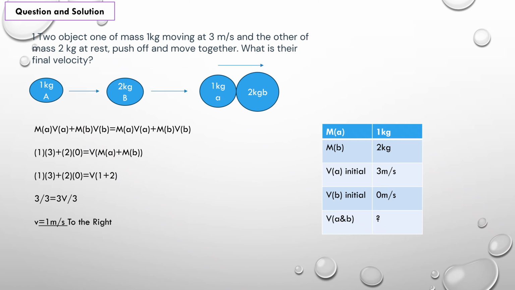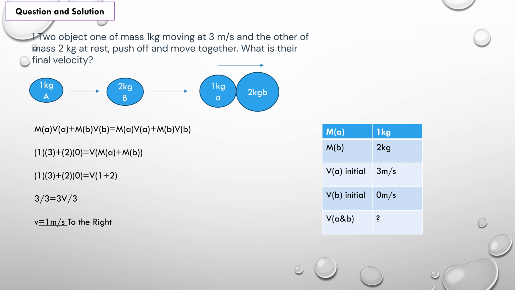Since they say object A and object B share the final velocity, we are going to take V as our common factor. Then we add the mass for object A and object B.